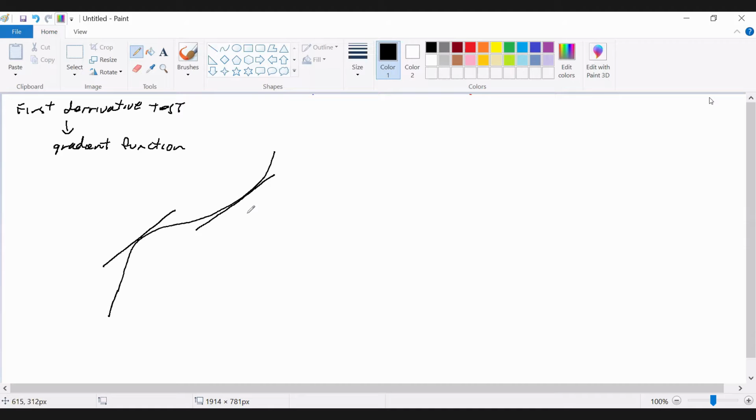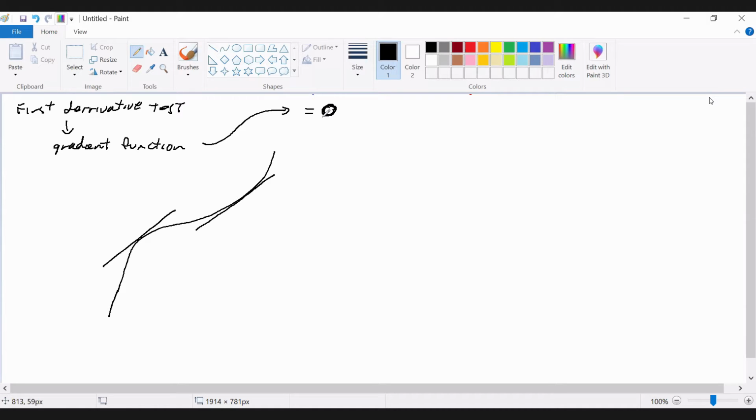Clear? If you get the gradient function and equate it to 0, then that means you have a horizontal line. Correct? Clear? You will have a horizontal line if the gradient function is equal to 0.